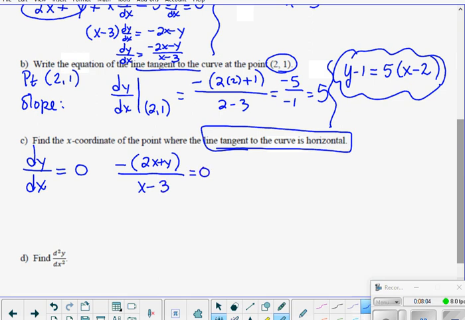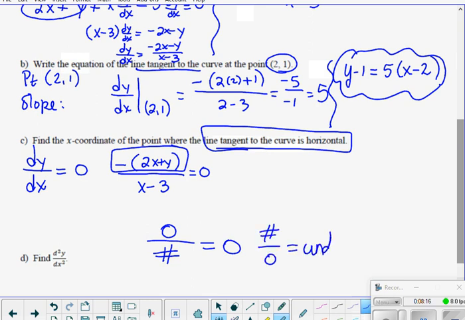Well, the only way that that's going to equal 0 is if the numerator equals 0, right? 0 divided by some number equals 0. Some number divided by 0 is undefined. If you had to find a vertical tangent line, this would be your game, let the denominator equal 0. But we want the numerator set to 0.